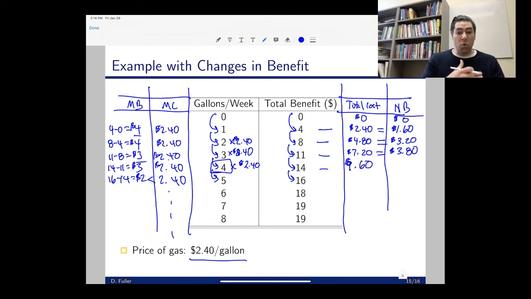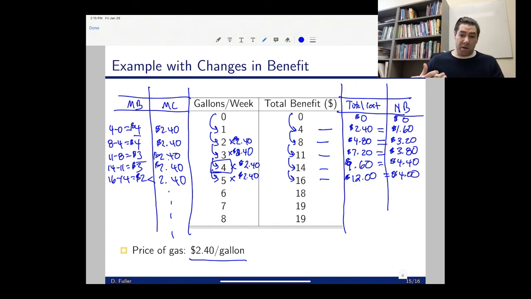When I take $14 in total benefit minus the $9.60, I get $4.40 as my net benefit. What about when we go to 5 gallons of gas? We're going to be at $12 in total cost, so we add $2.40 to that. 16 minus 12, we're going to have $4 in net benefit.